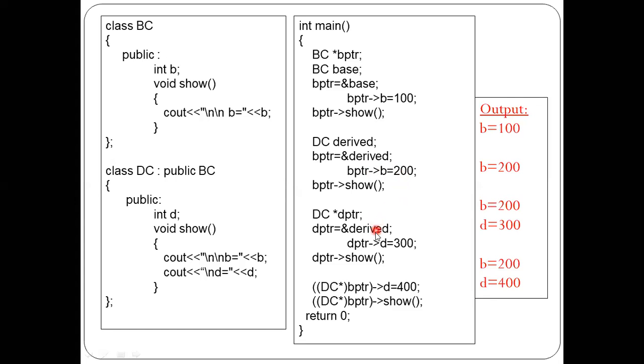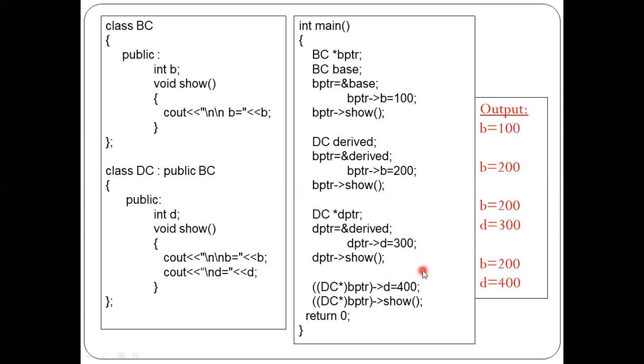Again, when we show the value with the derived class object or pointer, we show the value for the d variable, and it takes the previous value for b as 200 and the new value for d, which I mentioned as 300. Then once again we change it with the base class pointer, and it changes to 400. So what is the difference?